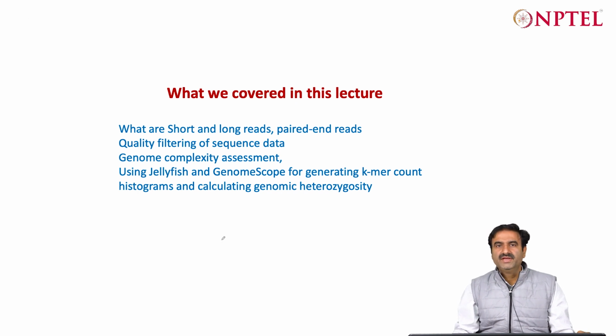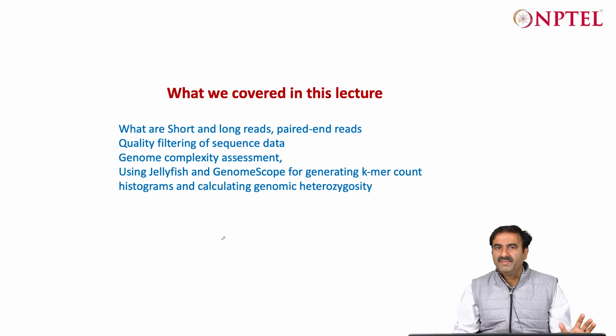Okay, so in this lecture we looked at the usage of long and short read data, and how we can trim and clean that data, which can be used for the genome assembly. The genome assembly part we will be dealing with in the next lectures.